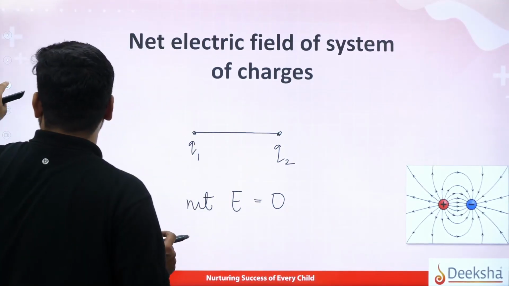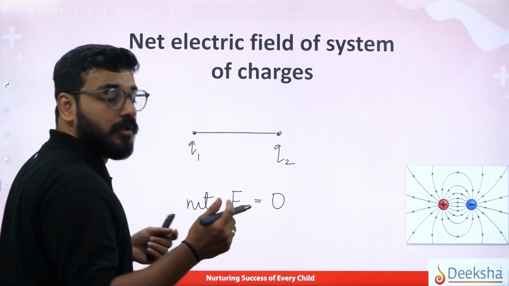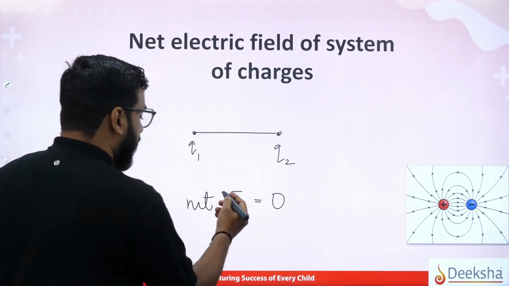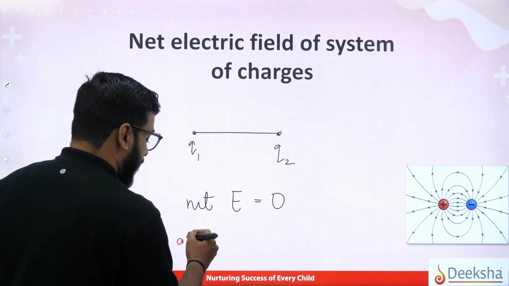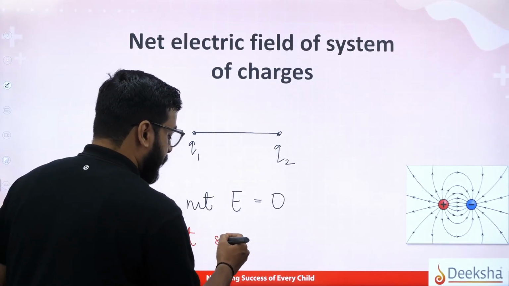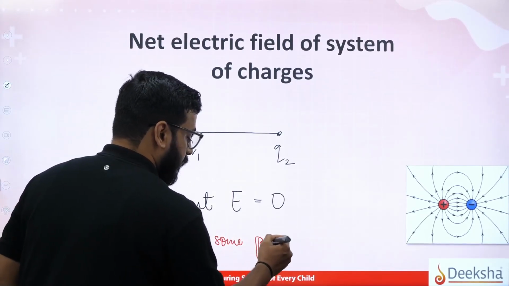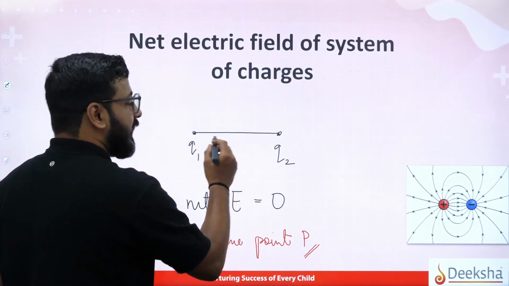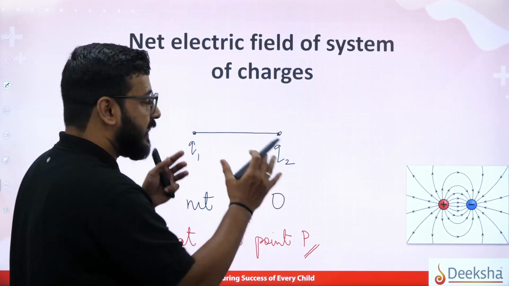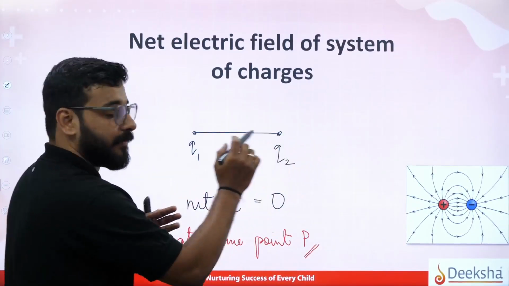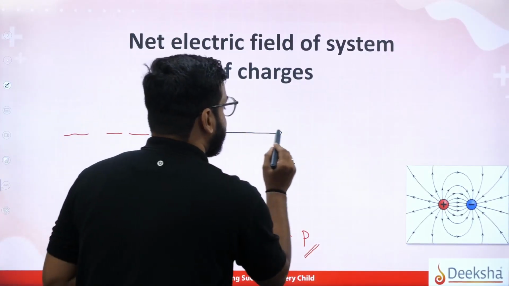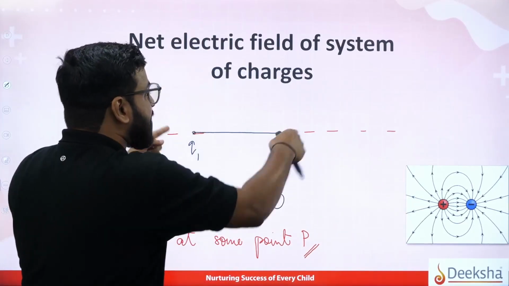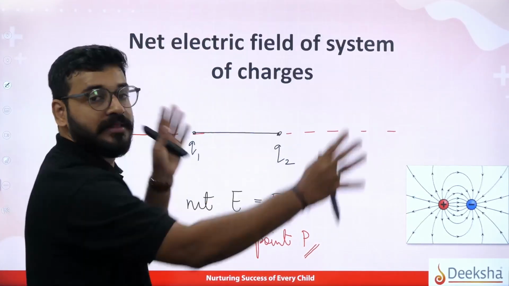So a point, you can select anywhere you want to check, depending on the charges. So depending on the charges, the net electric field at some point P, you can take, if it's 2 charges, it will be somewhere in the axial line. If it is a 2 charge system, if it is a 3 charge system, then it can be on the plane.